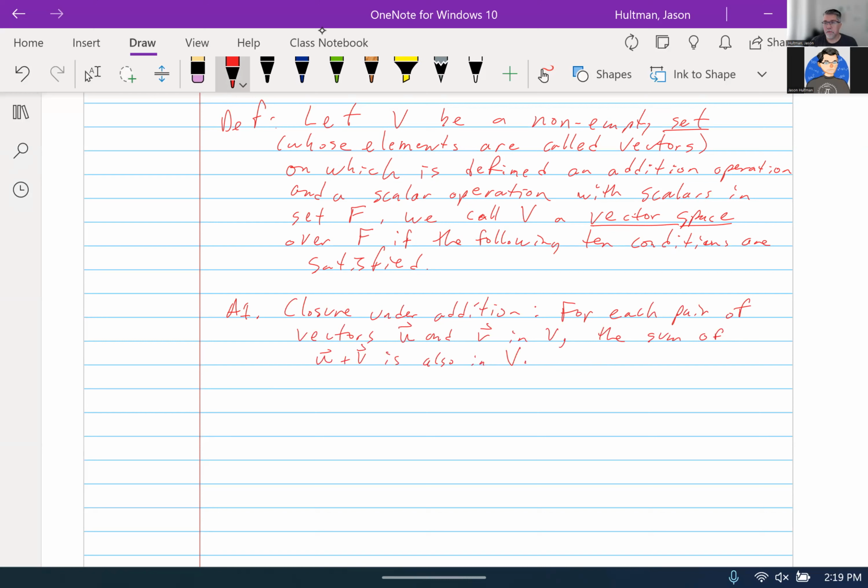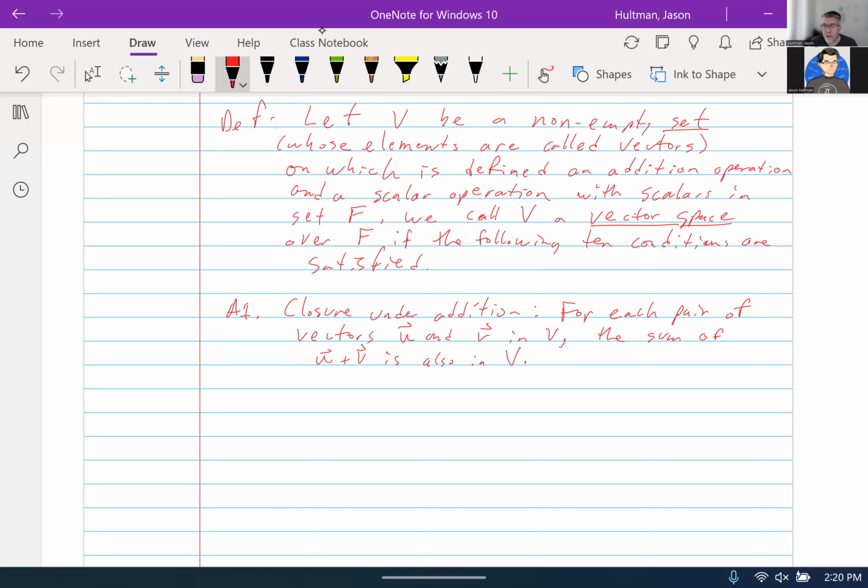If both vectors are contained in this set of vectors, then when we add the vectors, we can't get something outside of it. So closure just means that you don't get anything outside of what you originally started with. A counterexample of what is not closed would be the set of integers over division.